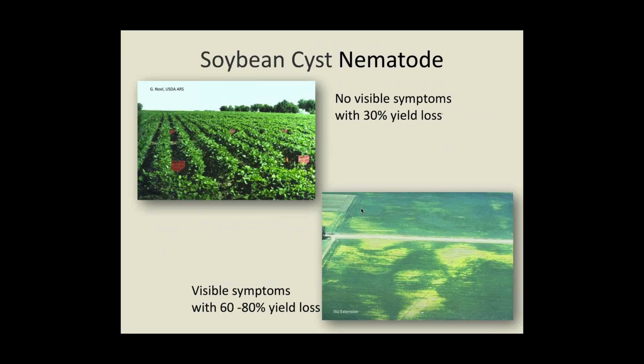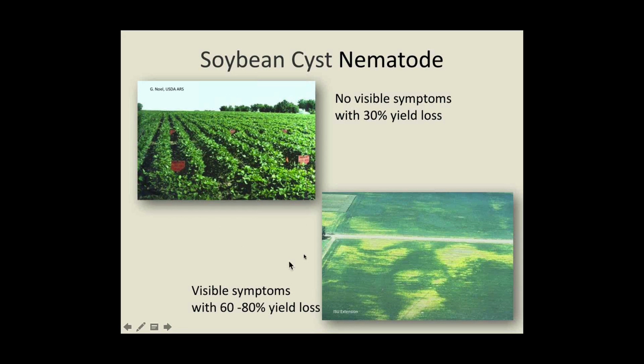As I said, this is an insidious disease. You can lose 30% of your yield and not see any visible symptoms. You see the picture in the top left-hand corner. This was a very elaborate genetic study that Greg Knoll did at the University of Illinois with the USDA, and had the precise treatments that are needed with regard to some isolines to prove that these nematodes could cause this level of loss, but yet nothing looks bad in the field.